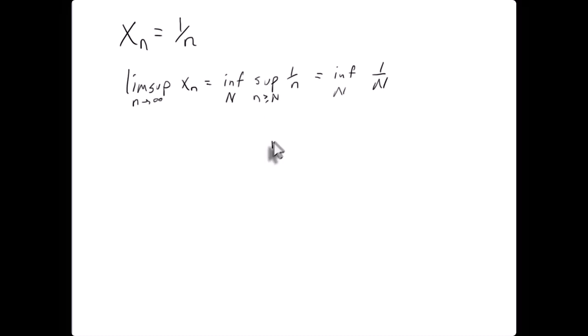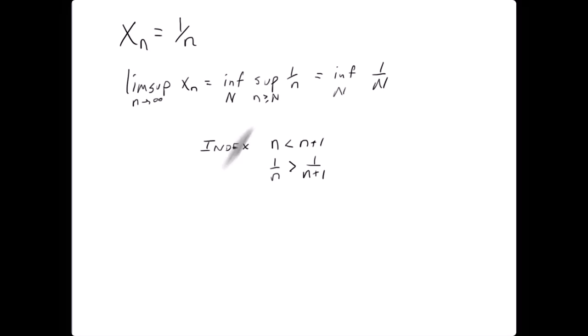Because n is less than n plus 1, 1 over n is greater than 1 over n plus 1. So as I increase my index, I decrease my function values.